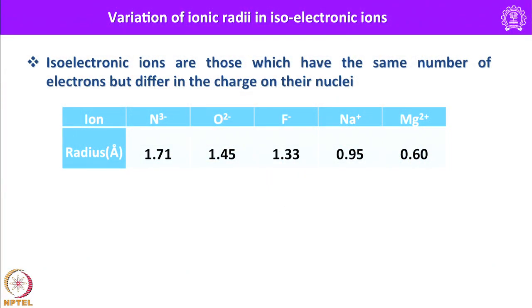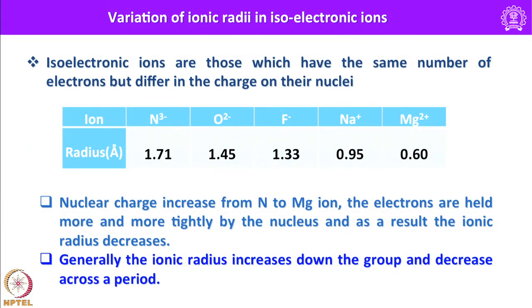Now look into the ionic radii. For nitride anion it is 1.71, for oxide it is 1.45, for fluoride it is 1.33, for sodium cation it is 0.95, and for divalent magnesium it is 0.60. Why does the ionic radius decrease in this order?